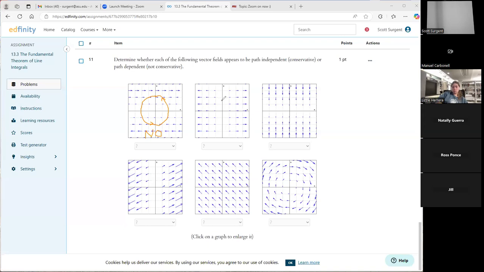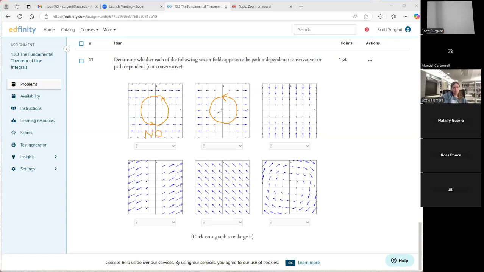Now, on the other hand, let's do a circle. Circles are fun. It's kind of tricky. I'll put a little arrow on. This one actually looks potentially conservative, because on the left side the vector field arrows are pointing to the left, and on the right side they're pointing to the right.